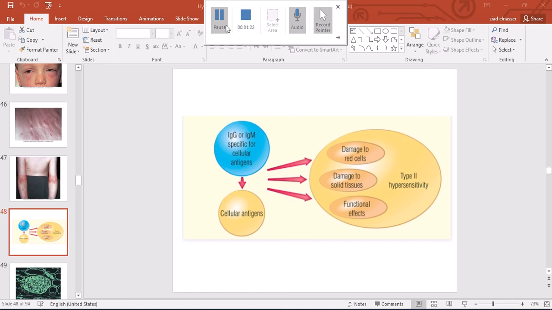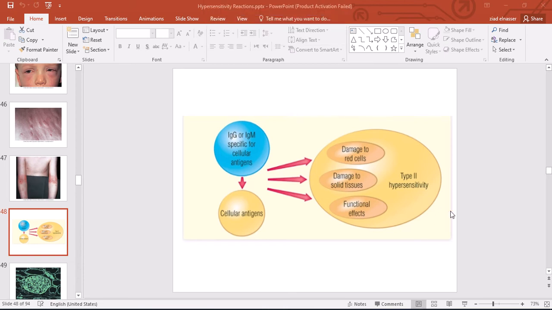Those inflammatory mediators are responsible for all the signs and symptoms of the allergy or the hypersensitivity reaction.